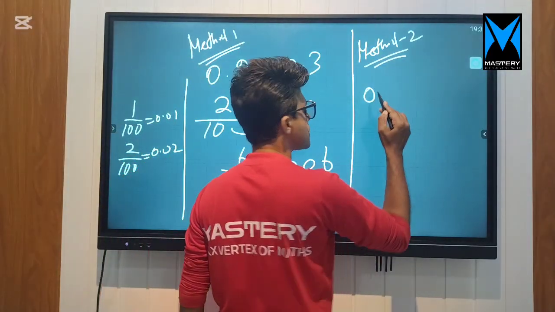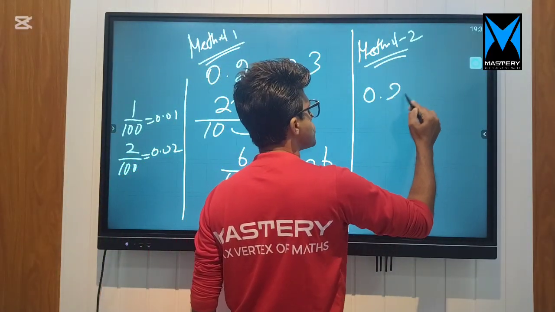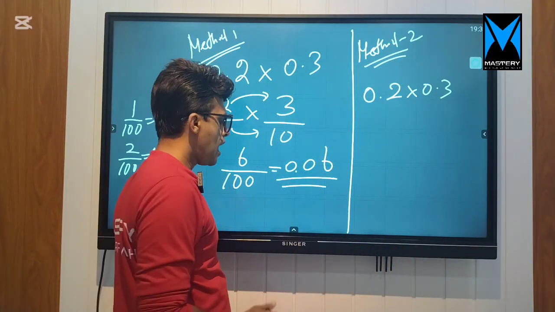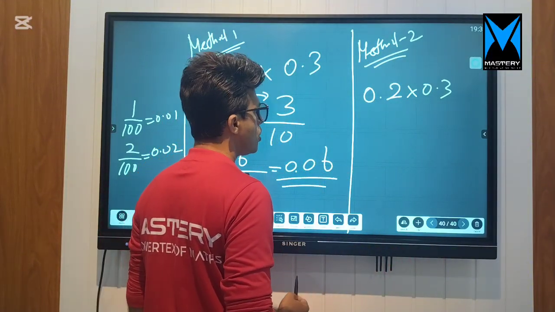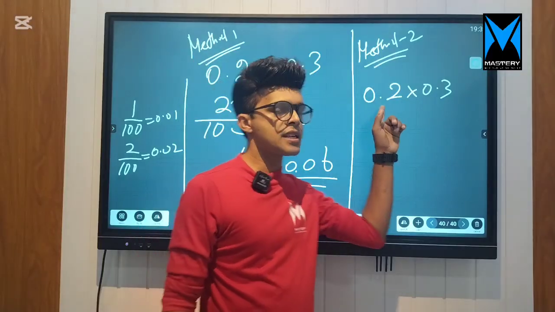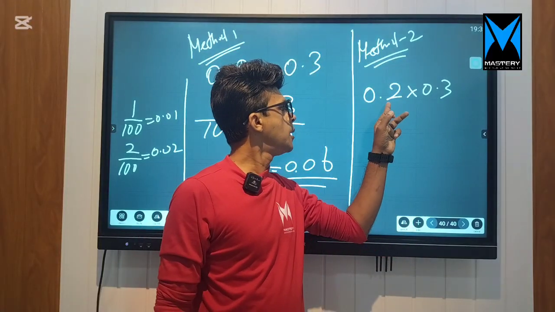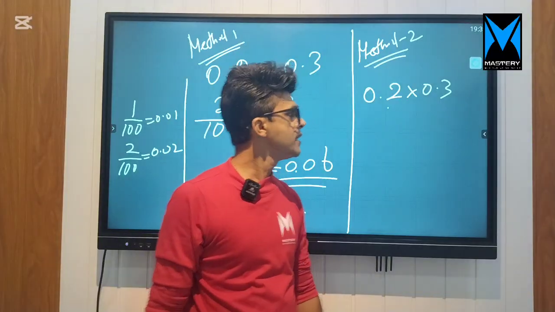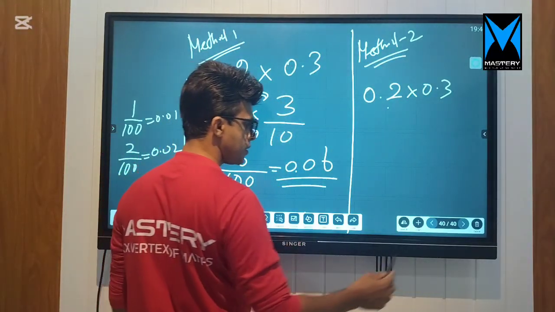So 0.2 into 0.3. I want to teach you this one. This is the first decimal place. It holds as first decimal place. I mean 0.2. Okay, so I'll teach you this one first.